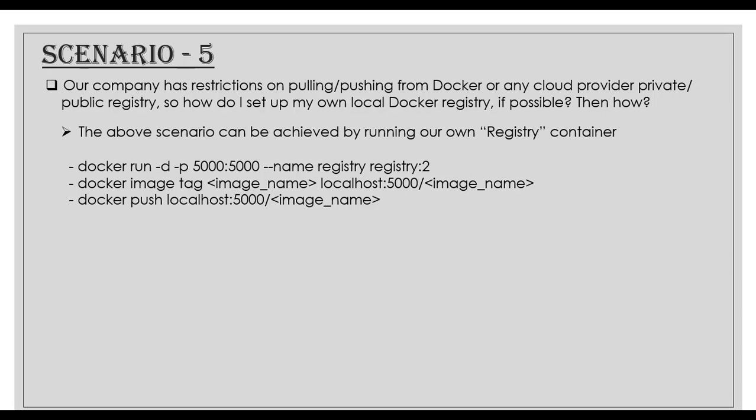So the command is docker run with port 5000, and the image name is registry:2. Once you run it, you can tag your image with the command docker image tag followed by localhost:5000/image name. Then you can push your image, docker push localhost:5000 followed by your image name.